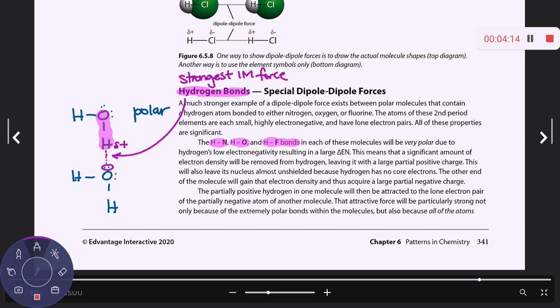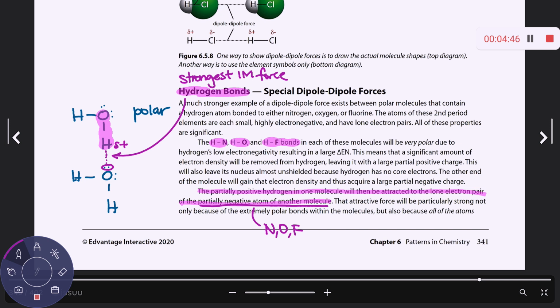So the explanation in words for what I just talked about is here, where the partially positive hydrogen in one molecule will be attracted to the lone pair of a partially negative atom of another molecule. This partially negative atom of another molecule is going to be your N, O, or your F in another molecule, okay? Let's turn the page and let's talk about what hydrogen bonding causes.